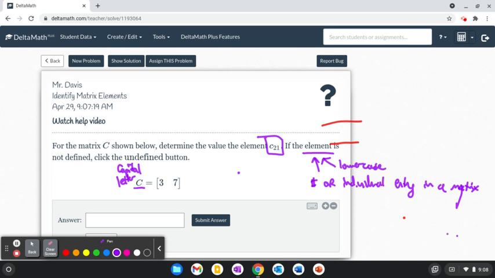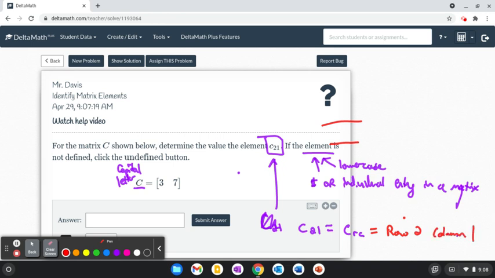So in this given notation, the C2, 1, so that should be a lowercase c. Lowercase c, 2, 1, it's asking for the element in that position. So what this is saying is we have like a C, and then we have a row, and then column. So in this example, 2, 1 says we want to know what number is in row 2, column 1.